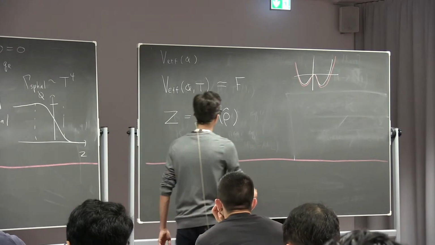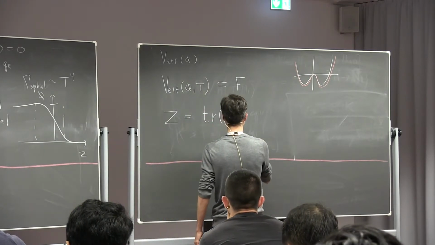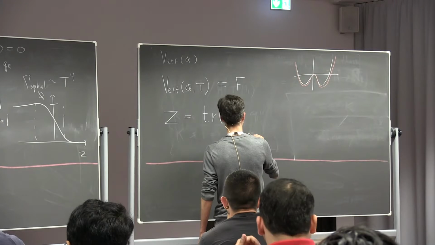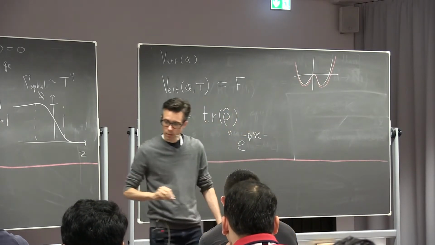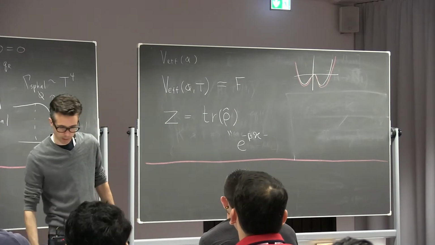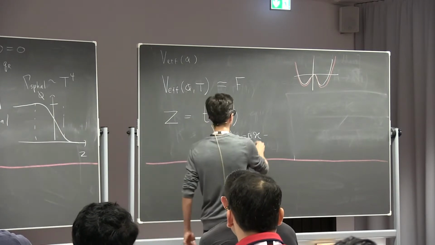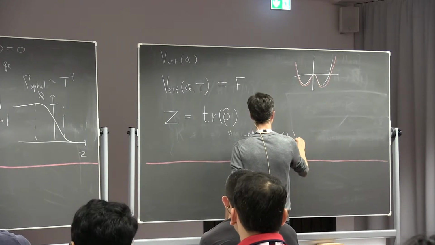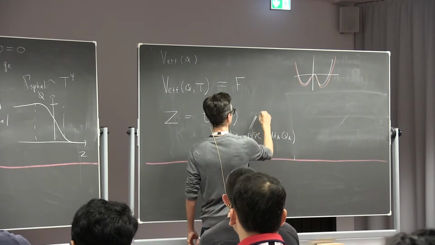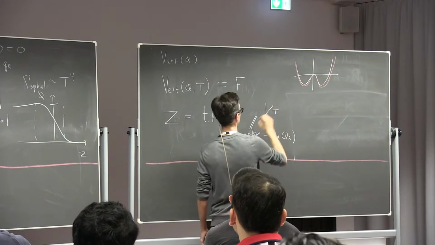This density operator looks like e to the minus beta Hamiltonian, and I'm going to make it a little bit fancier by putting in charges. Beta is just a nice way of writing 1 over T.